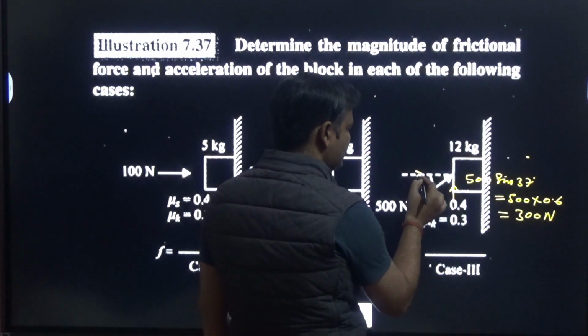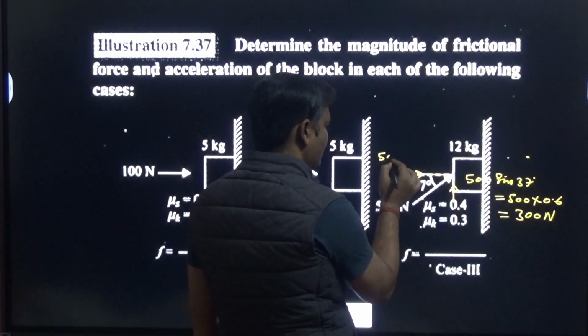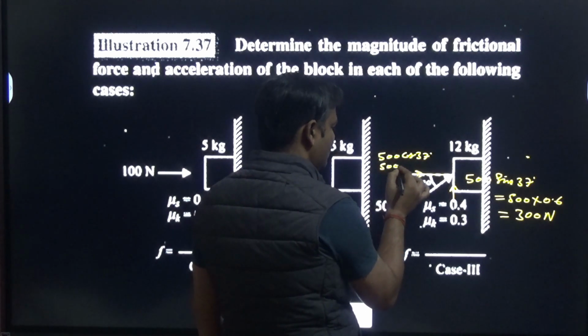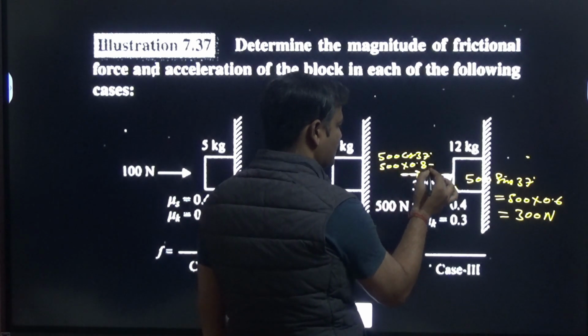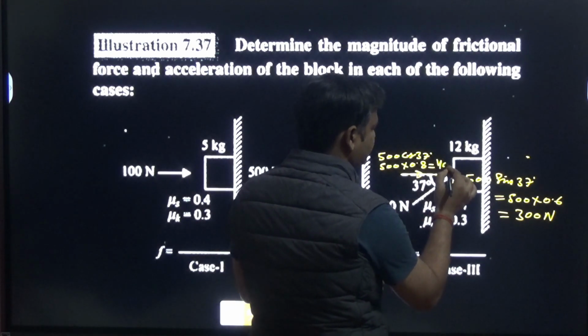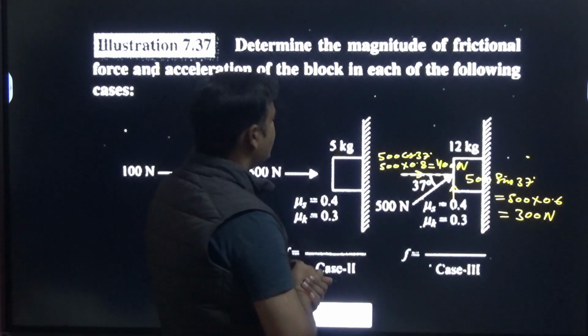And in this direction, the component of that force is 500 into cos 37. So 500 into 0.8, that is 400 Newton.